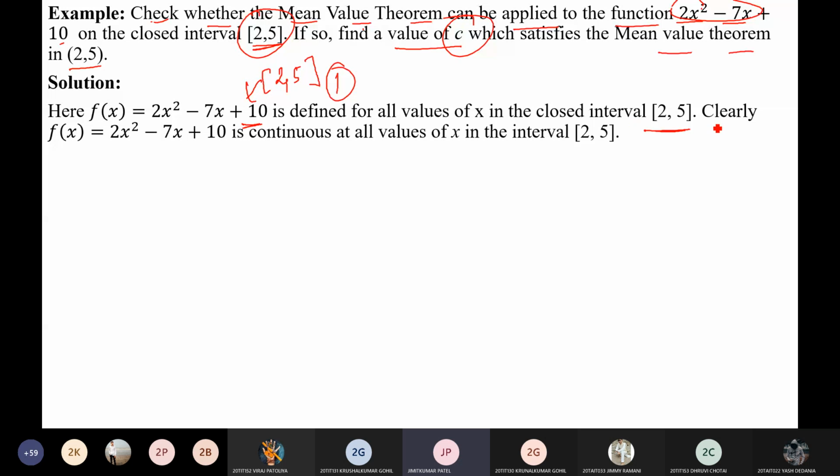Continuity. Okay, so clearly f of x is equal to 2x square minus 7x plus 10 is continuous at all values of x in the interval 2 to 5. How can we say that it is continuous? Anybody? We wrote here polynomial function. Yes yes, very good. Yes, it is a polynomial function. So a polynomial function is always continuous. Clear? Okay.